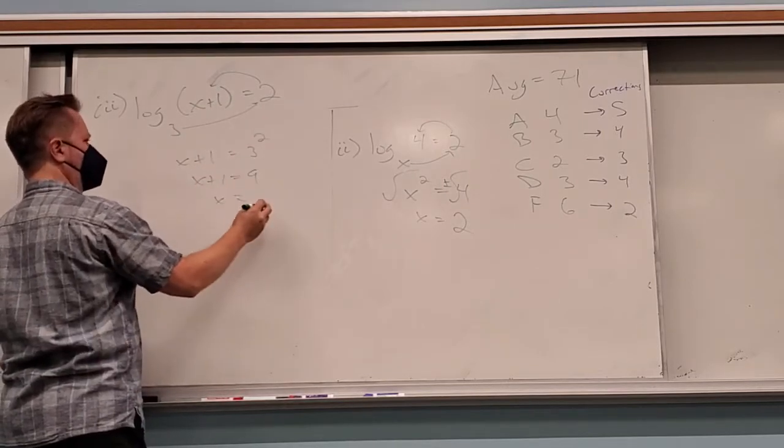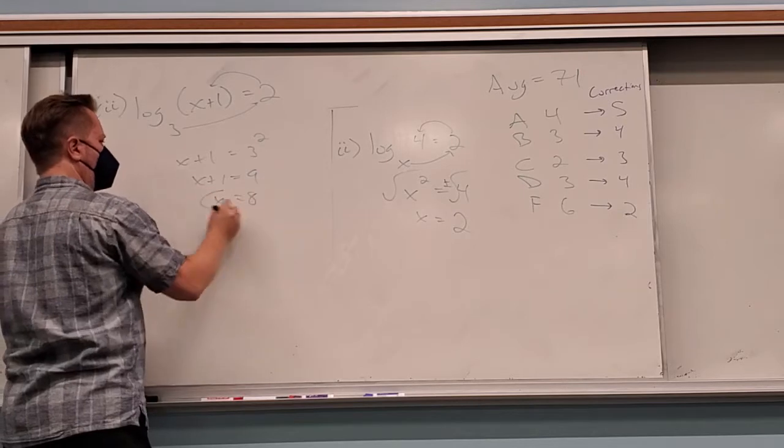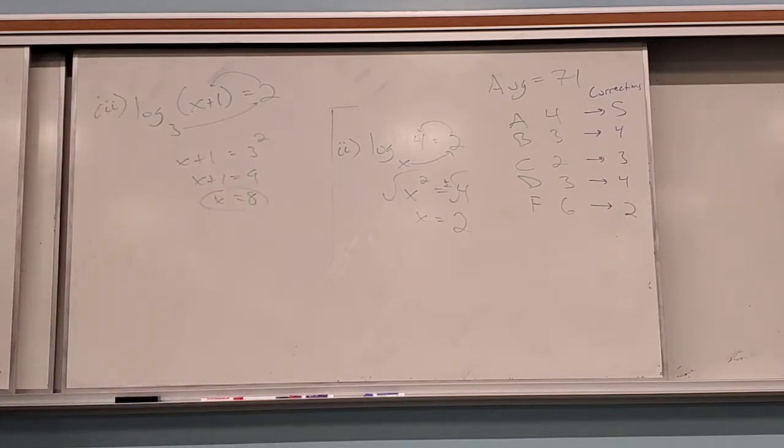So x is 8. Okay, now, let me just stop for a minute, please. Do you guys all see this? This is why it's important to know how to rewrite a log as an exponential and vice versa. Okay. These are nice, aren't they, so far? So let me show you the first level of stuff I can do to you.